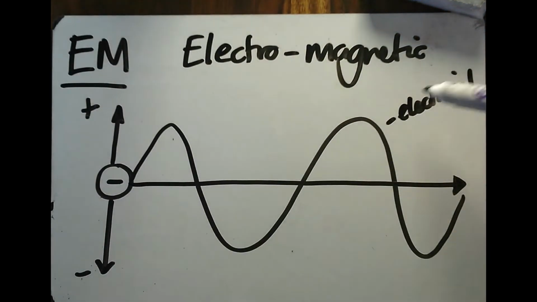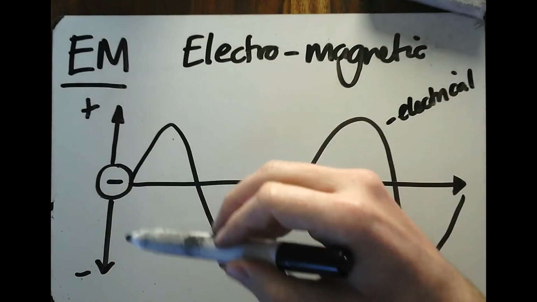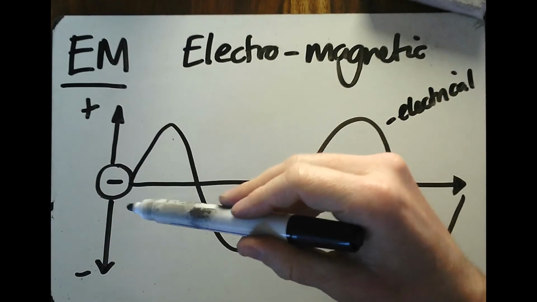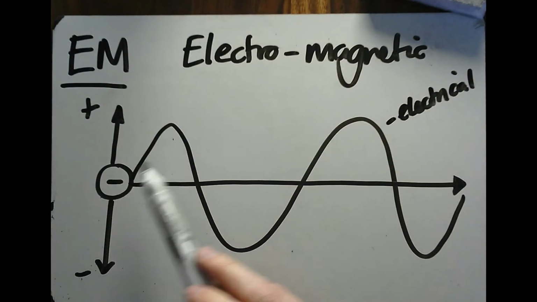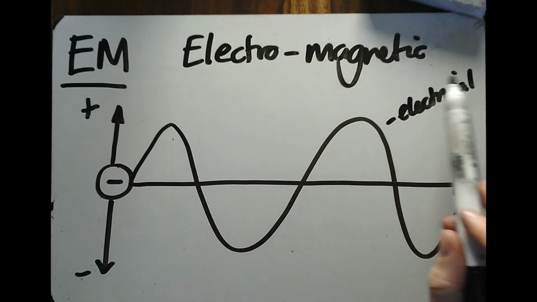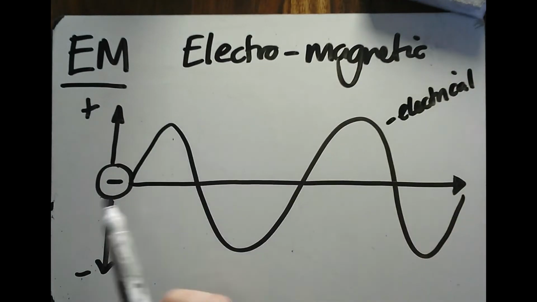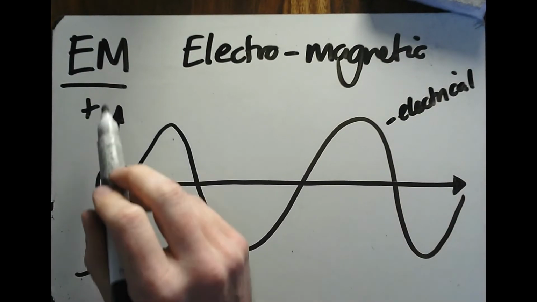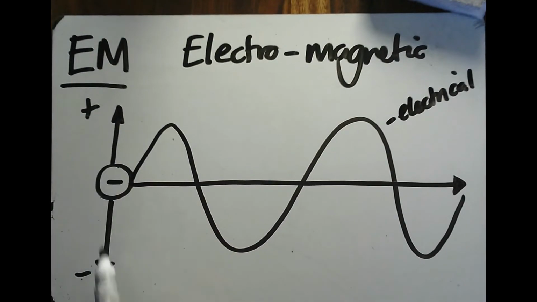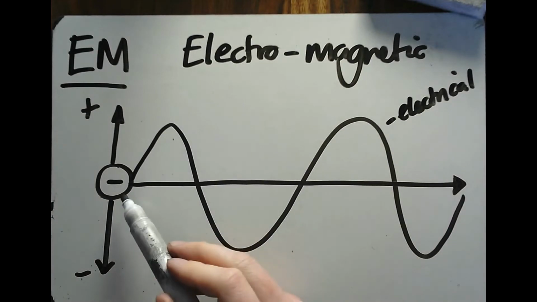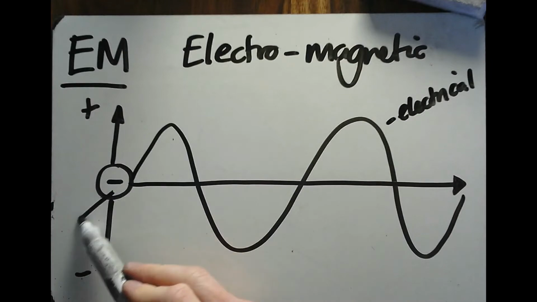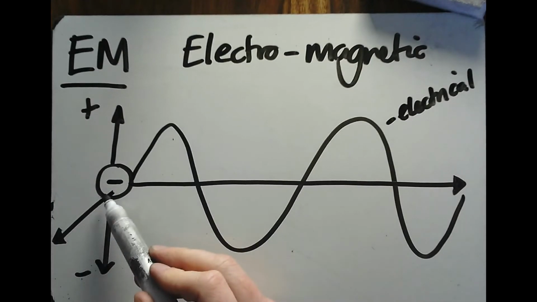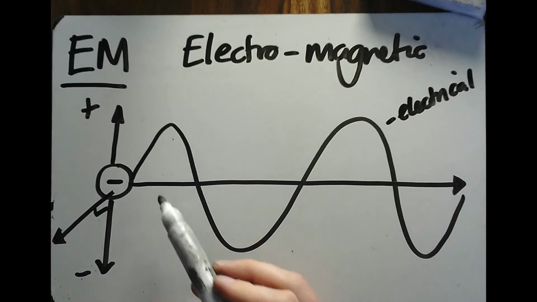But when an electrical charge moves, this is something that you'll look at in the next topic in magnetism, electromagnetism. When a charged particle oscillates up and down, as well as there being an electrical component, there is actually a magnetic component. Now this is going to be really hard to draw because it happens at 90 degrees. So let's say that this is 90 degrees. Hard to do in 2 dimensions, this.